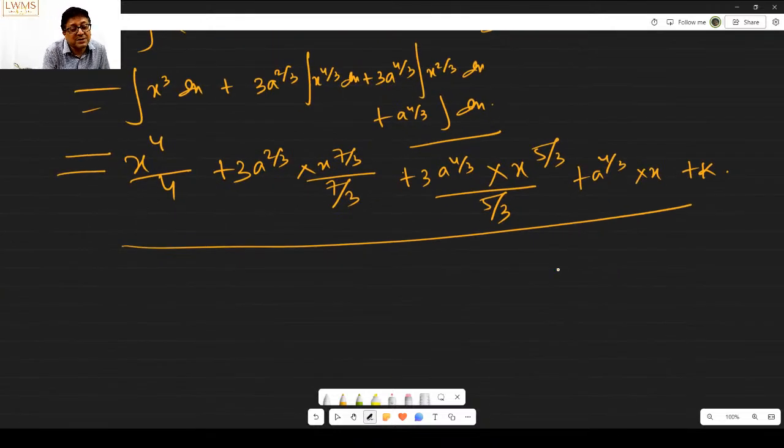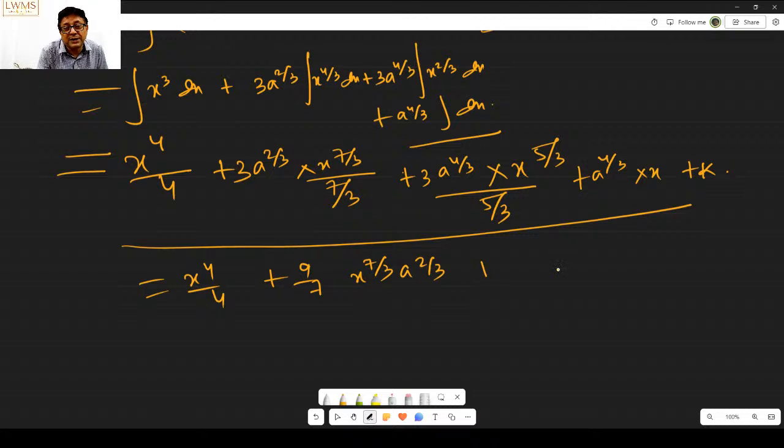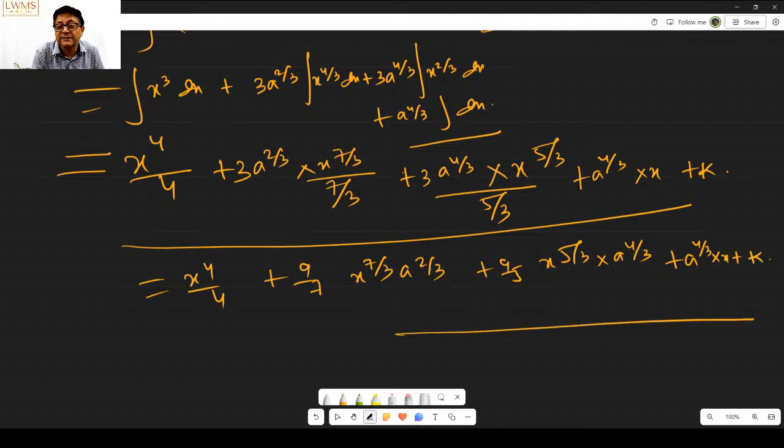Simplification is yours. x4 by 4, x to the power 7 by 3, a to the power 2 by 3, okay, plus a to the power 4 by 3 into x plus k. Clear?